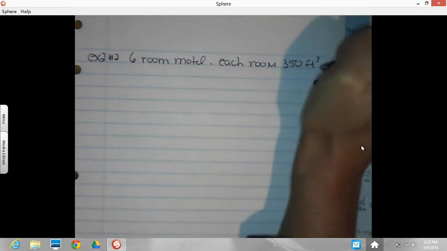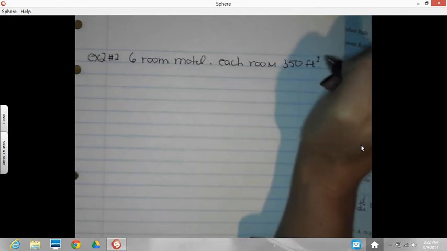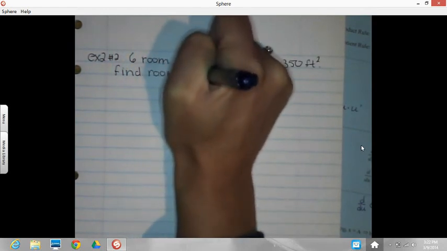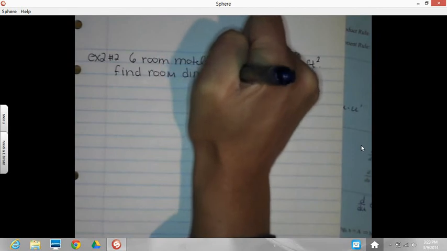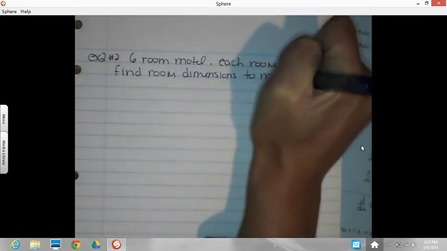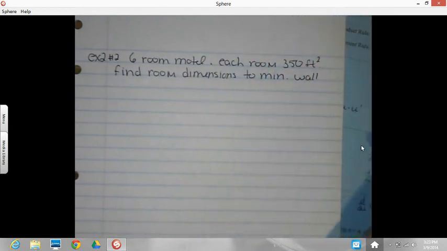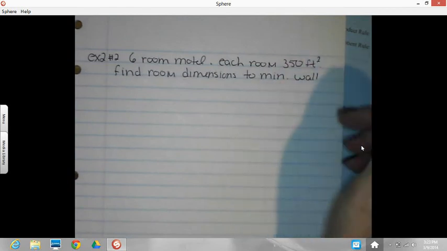It says, what dimensions should the rooms be in order to have the minimum total wall length? So find room dimensions to minimize total wall length. We want to minimize the materials it takes to build the room, but keep this area the same, to minimize wall length.